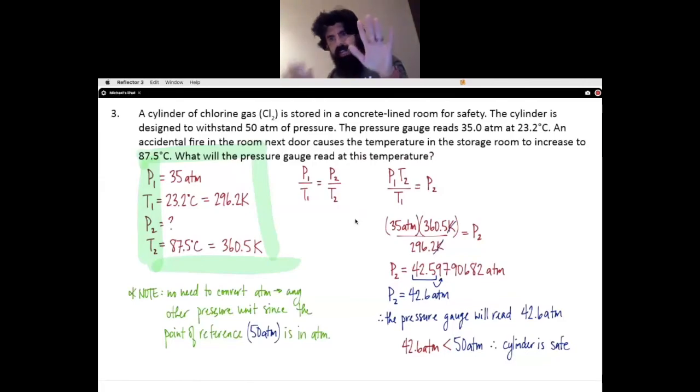That's why I said have those formulas available to you, so you can look at them and go, I've got P, I've got T, there's no V, so I'm not using Boyle's law. There's no V at all, so I'm not going to be using Charles's law. Here I'm only using Gay-Lussac's law to answer this question. And again, notice degrees Celsius to Kelvin.